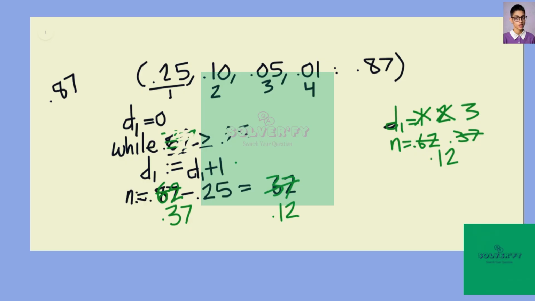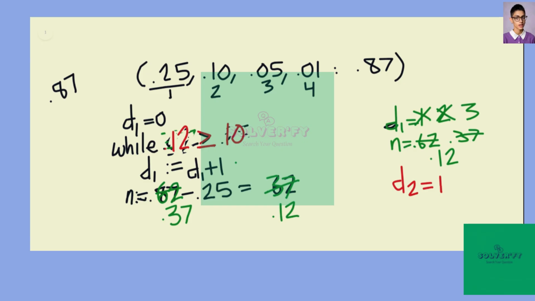Okay, let's see if I can clean this up a little bit. So now we'll say, is 12 cents greater than or equal to 10 cents? The answer is yes, so now we're going to add 1 to our D2, or our dime count.